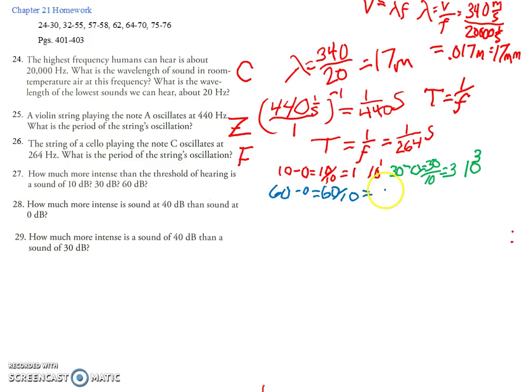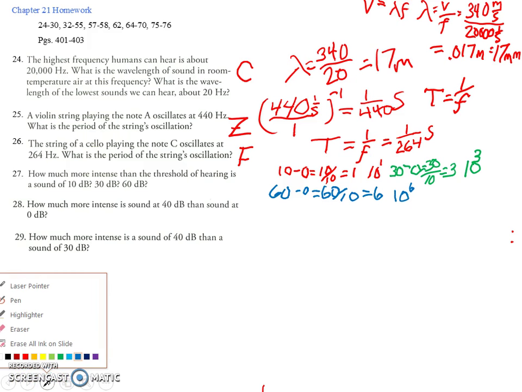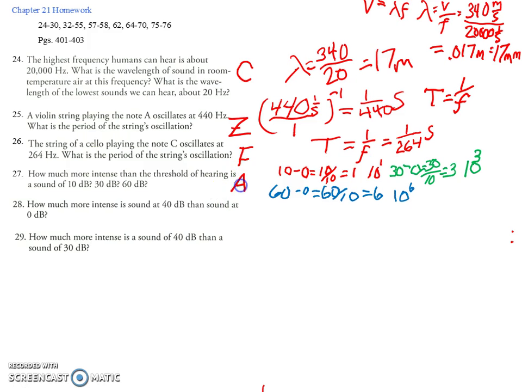That's going to equal 6. Then we raise 10 to that power. So it'll be 1,000,000 times more. And the answer for our 27 is A as in alpha.